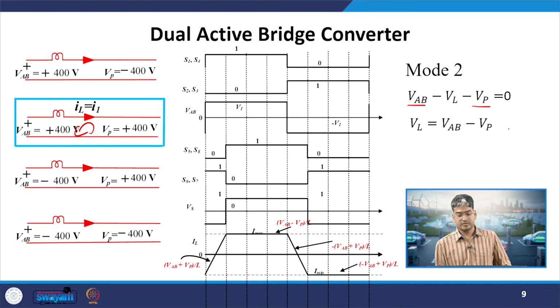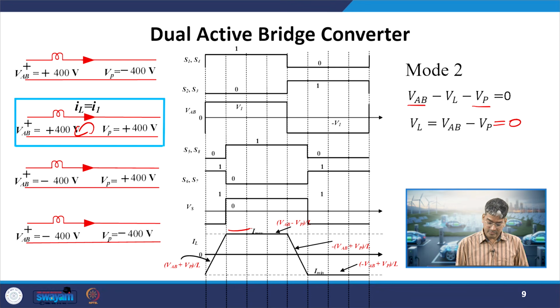So, it will be equal to 0 as per our example. So, what will happen to the inductor current in this case? It will be maintained constant because there is no net voltage applied across the inductor. So, the current will be maintained at its same value.